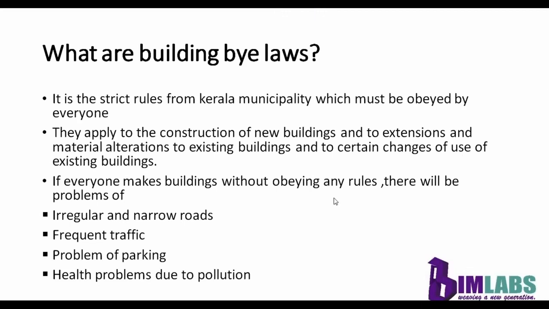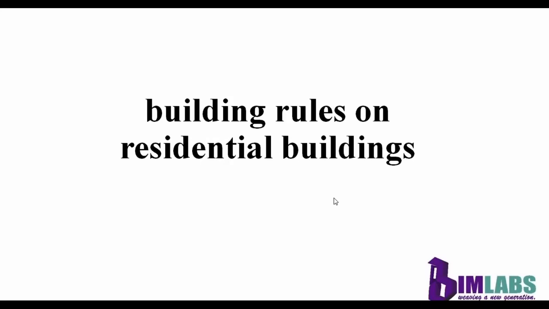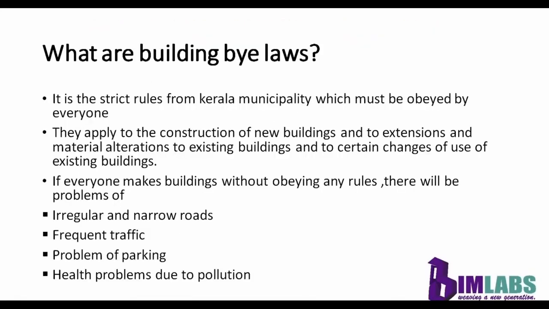We are discussing building rules, that is, building bylaws. Here you can see what building bylaws are. They are the minimum provisions designed from the National Building Code by town planning authorities in order to protect the inmates, neighbors, and public passing by the side of the house or building against fire accidents, structural failures, and insanitary conditions.